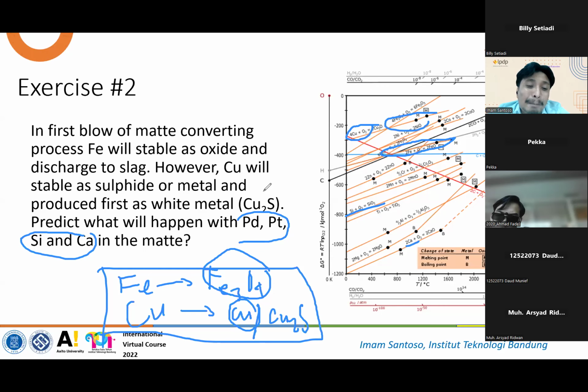It means metals like palladium and platinum, where the Ellingham line is here, copper loves oxygen more than palladium and platinum, and copper doesn't like to become oxide. So a metal that hates oxygen more than copper will not become oxide. Do you agree?